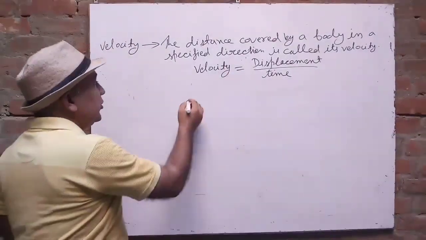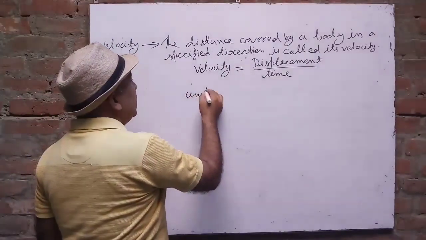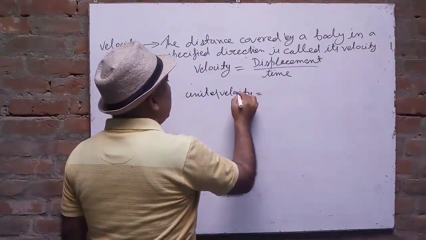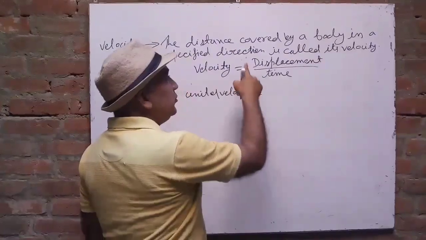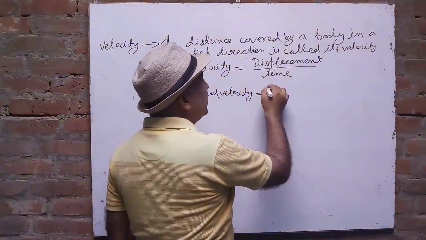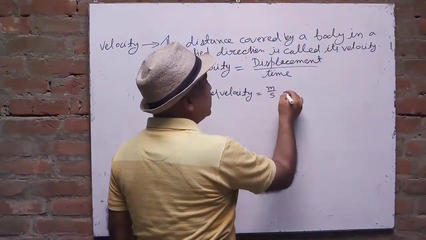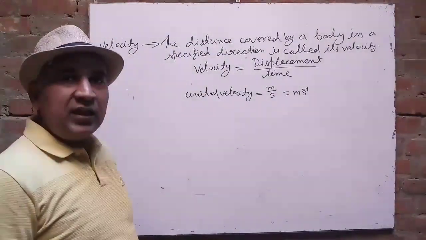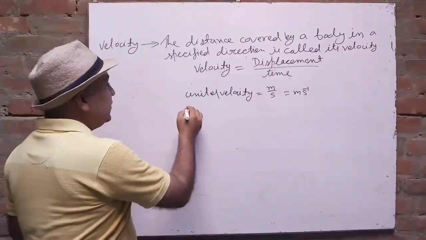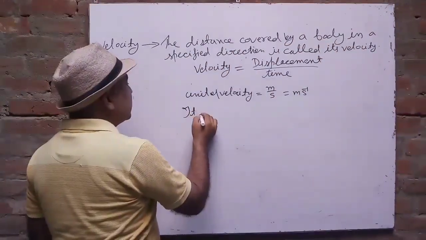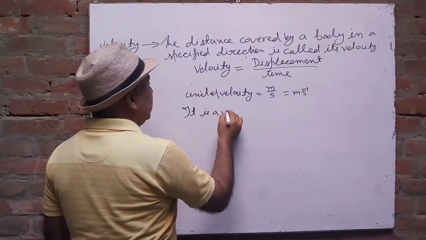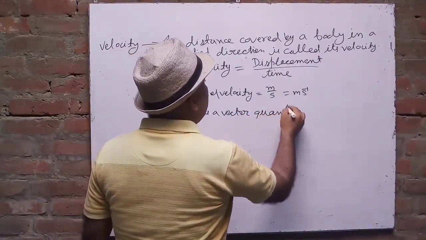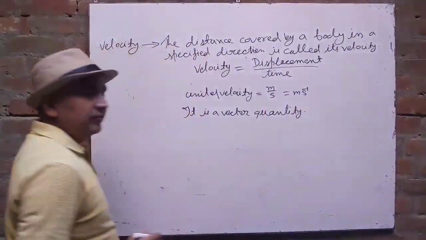Okay, now the unit of velocity: again, how will you find it? Unit of displacement upon unit of time. That means meter per second. So you can say that the unit of speed and velocity are both the same. Okay, and velocity is a vector quantity. Velocity is a vector quantity.